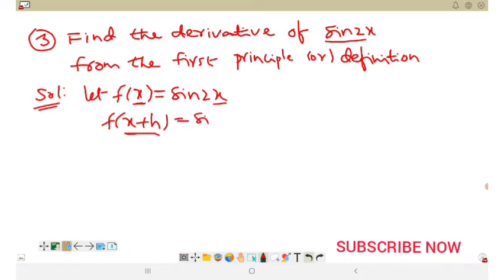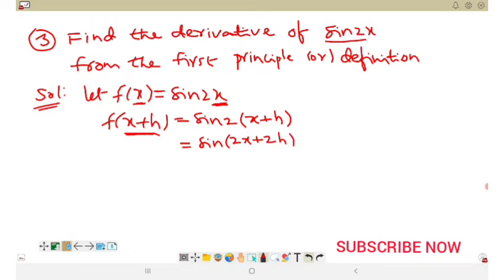So sin 2 of x plus h, so sin of 2x plus 2h.